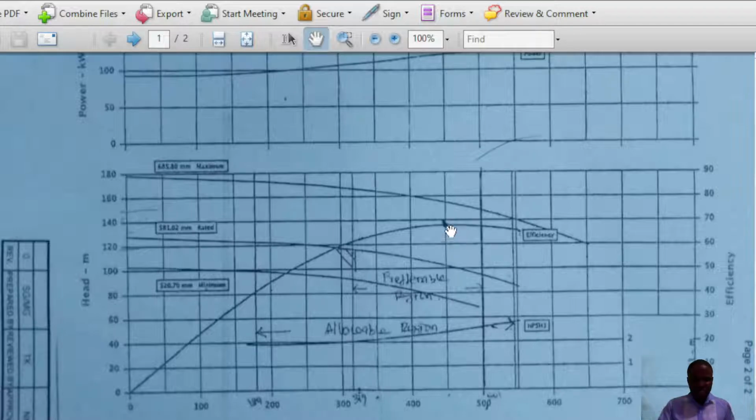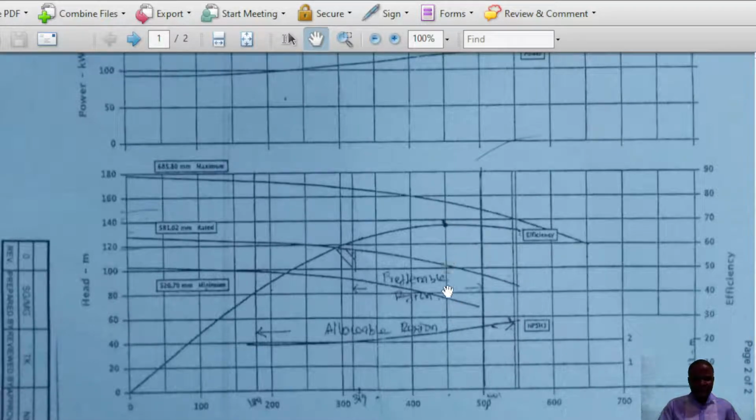Now the point on the efficiency curve where you have the maximum efficiency, when you trace it down, your best efficiency point flow rate is going to be somewhere here. So it's going to be around 450, 456 cubic meter per hour. All right, so this is going to be your Q at BEP.